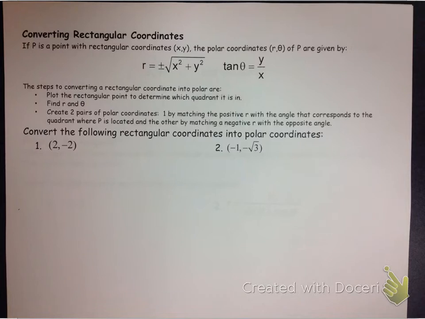Okay? Now when you convert the other direction from rectangular into polar, this is where it gets tricky because you literally have an infinite number of correct answers here. But this right here, this formula right here, it's just the Pythagorean theorem. It's been rearranged. Its original form would have been r squared is equal to x squared plus y squared.